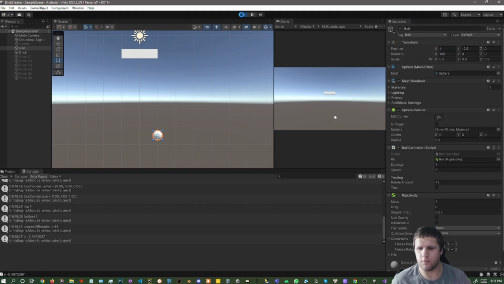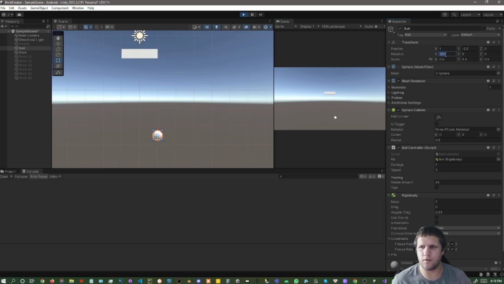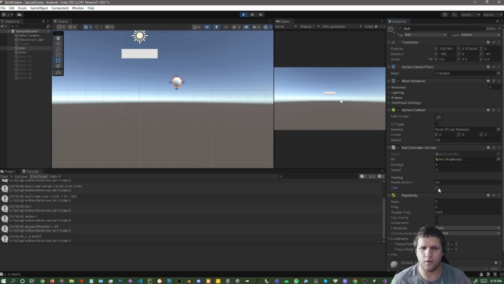So the X of 1 for the ball. Let's play it. Rotation of up. Go to test. Perfect.